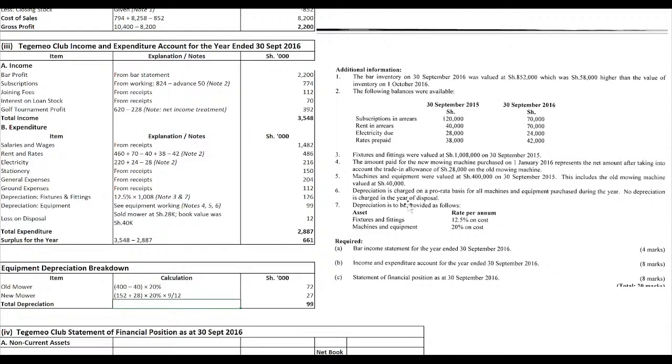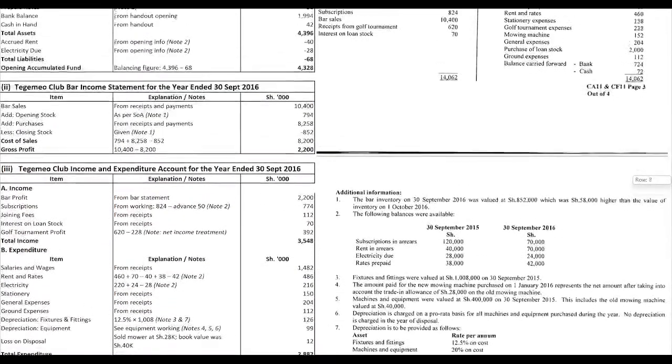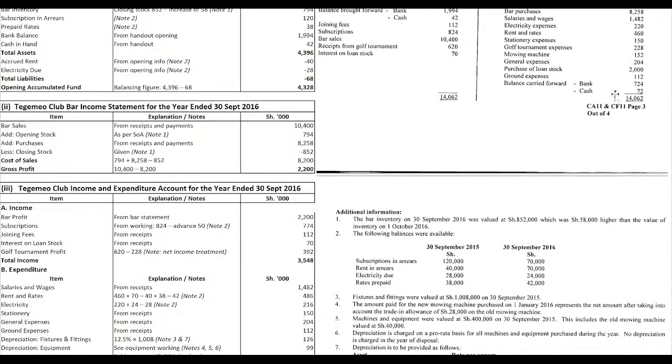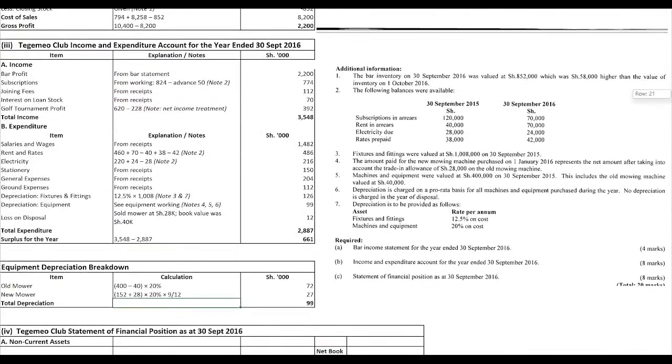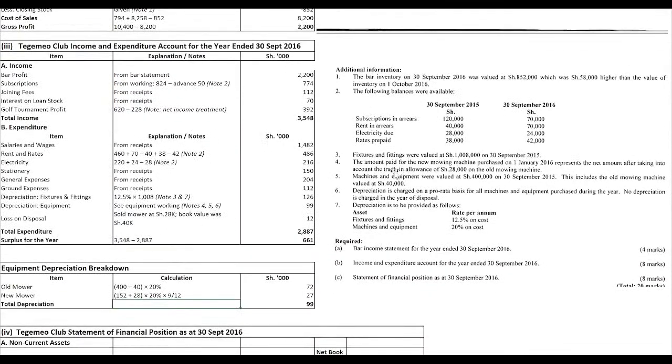Then for the new machines, they are being given as 152. So the mowing machine we are given as 152 there. Then in note 4, we are being told that the net amount is after taking into account the trade-in allowance of 28 on the old machine. So there is a new addition here. We can see the trade-in of 28.